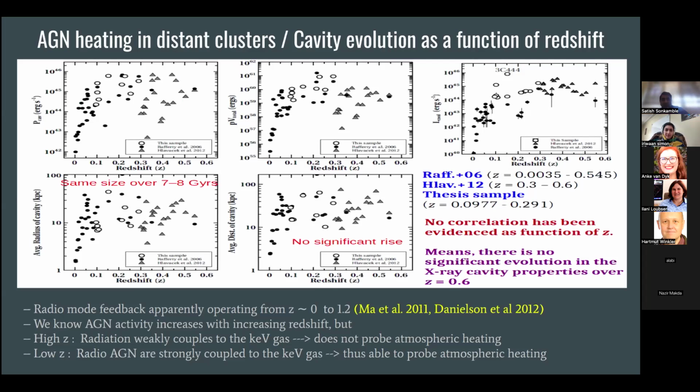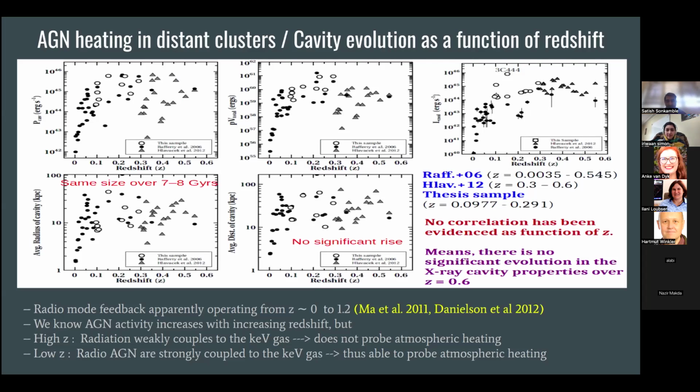Yeah, there is a problem: the redshift dimming effect is also there. Also, this radiation is weakly coupled to the hot gas. So to study this beyond this, we need good spatial resolution as well. So you would expect it to be more technical limitations, rather than that things change if you go to a higher redshift? Yeah.